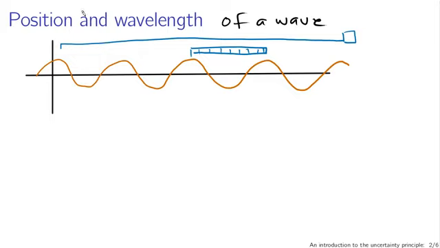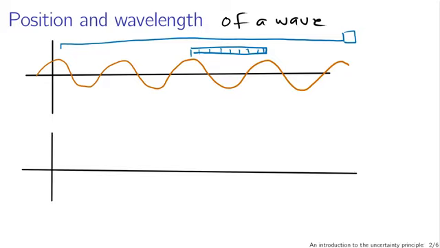If, on the other hand, the wave looked more like this, let me give you another coordinate system here, the wave looked something like this, you wouldn't be able to measure the wavelength very accurately. You could, as usual, put your ruler down on top of the wave and count up the number of inches or centimeters from one side to the other, but that's just one wavelength.